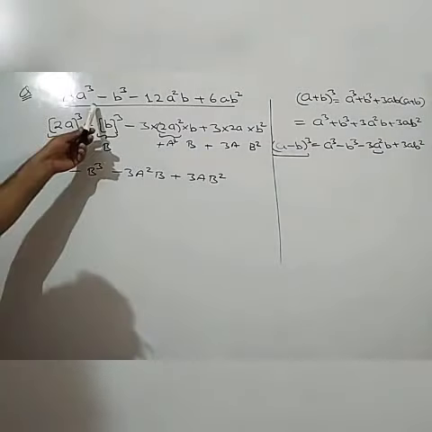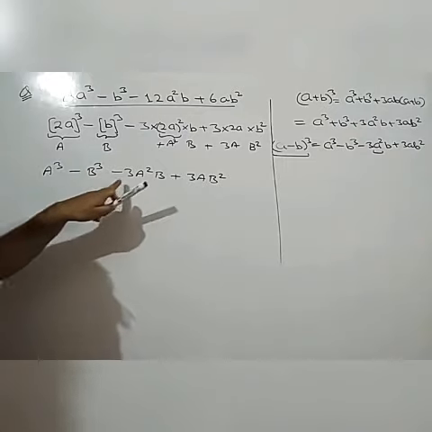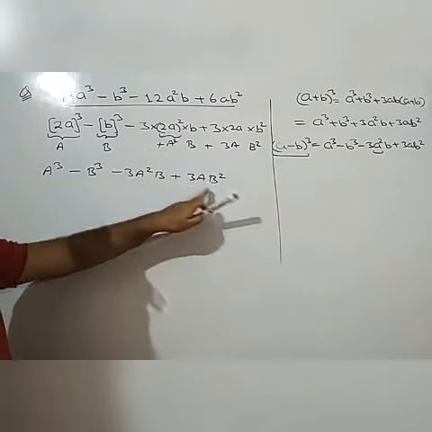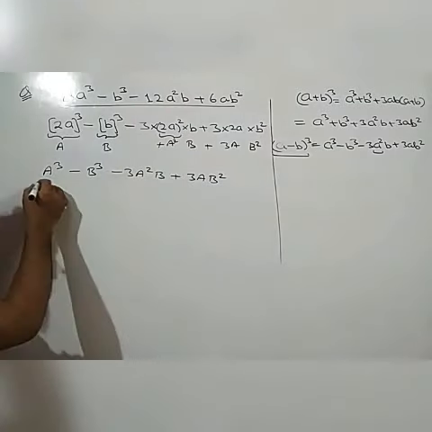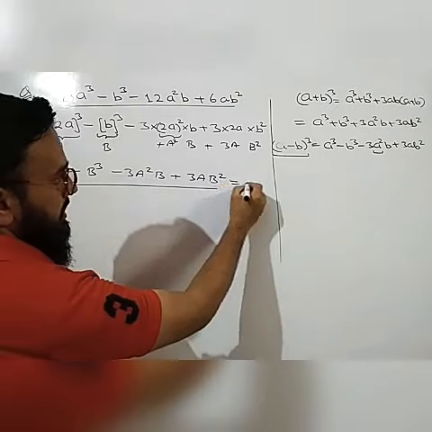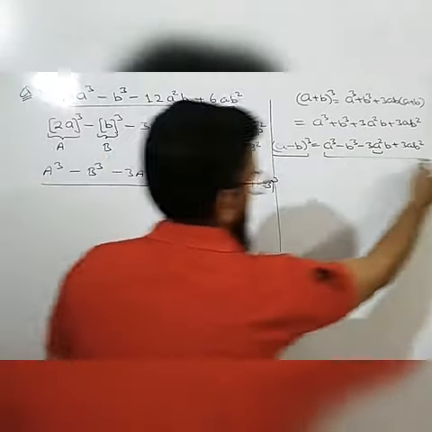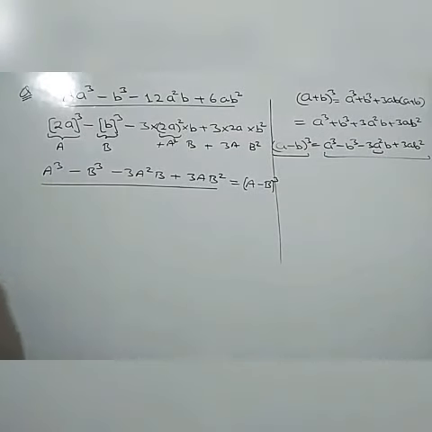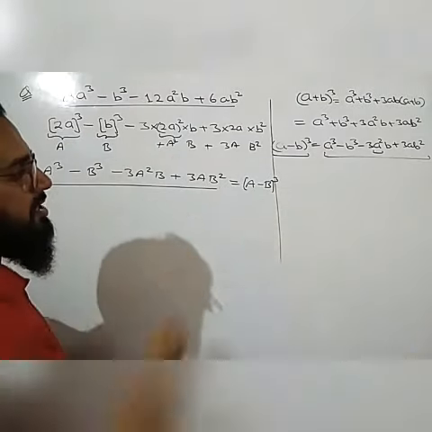This particular question is converted in this identity, a cube minus b cube minus 3a square b plus 3ab square. And what is the formula of this particular identity? It is equal to a minus b whole cube. This is the identity, this is a minus b whole cube. It means we can convert this whole term in terms of a minus b whole cube.